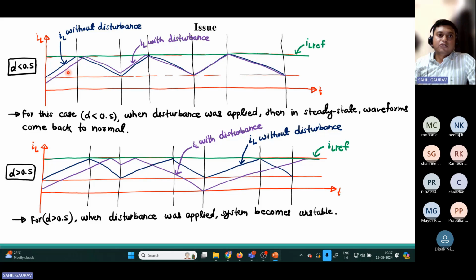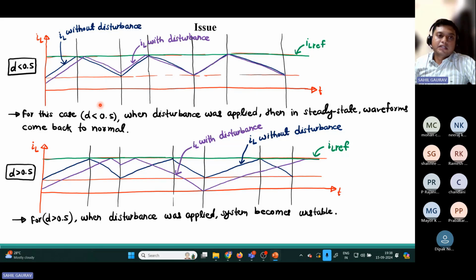If you see, it goes here, and again by getting the signal from the charge controller, it gets switched off and it becomes here, and by getting a signal from the clock, it gets turned on again, so it comes here. If you see the curve here, in 2 or 3 cycles it gets stabilized, it comes back and overlaps with the previous inductor current where there is no disturbance.